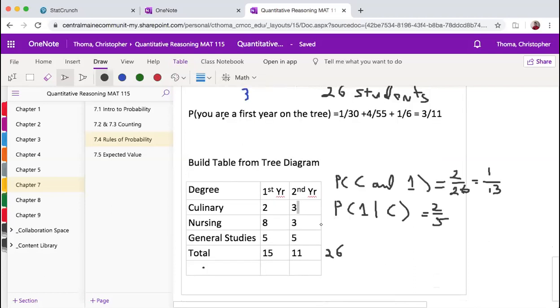So perfectly here. But put things in degrees, then you start asking, so what's the probability of first year? Right, which means I take 10, 15 over 26.